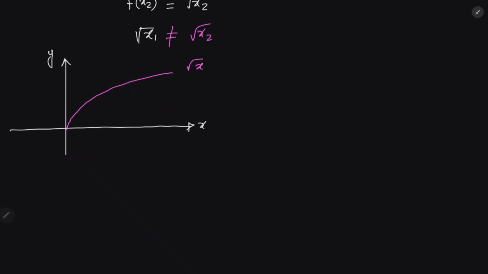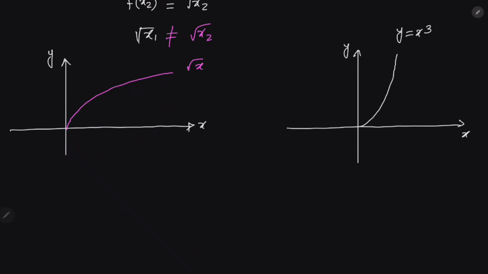Now let's graphically look at another example. Suppose we have a graph of x cube. This is one function, a complete function. Maybe I draw this in one color. This is the graph of x cube.